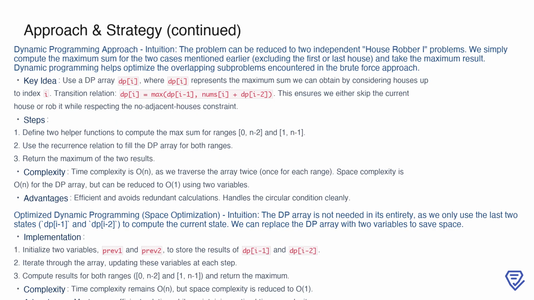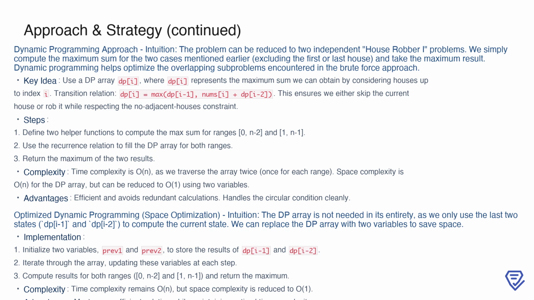To overcome the inefficiencies of the brute force method, we use dynamic programming, which optimizes the problem by breaking it into 2 linear subproblems. The key idea is to treat the circular problem as 2 independent instances of the simpler House Robber I problem. For each instance, we compute the maximum sum for the 2 ranges, houses 0 to n-2 and houses 1 to n-1, using a recurrence relation.